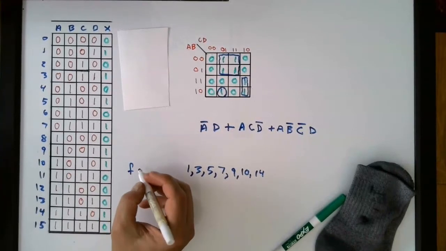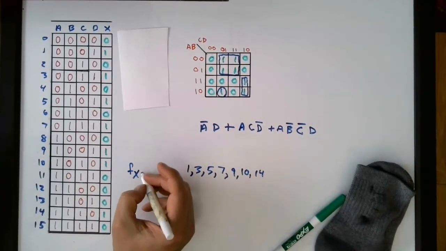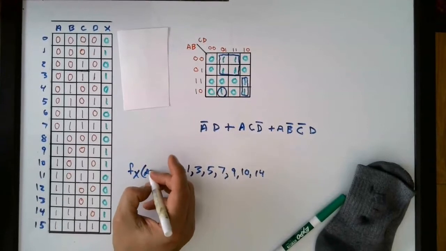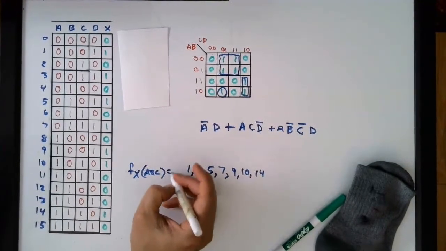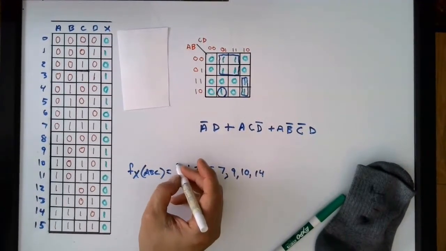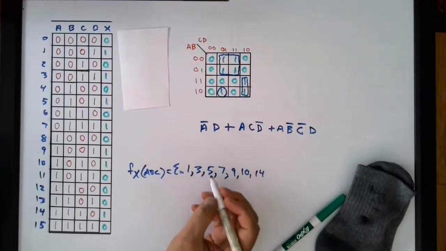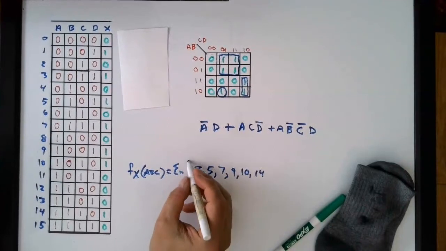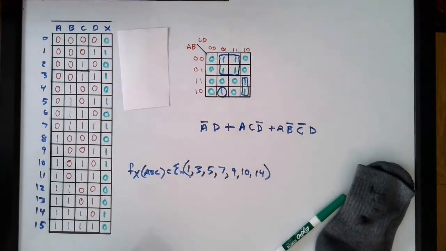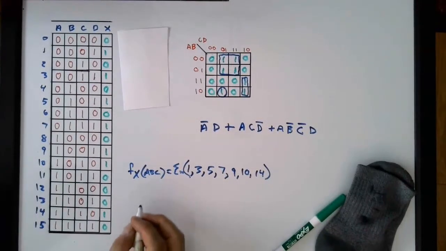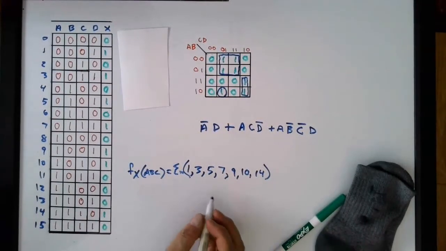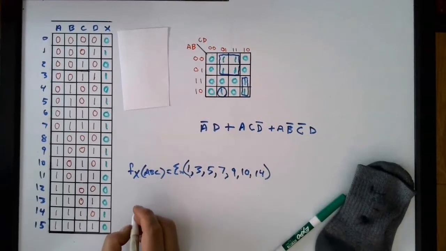The function x of A, B, and C equals, and this gets a little funky, the summation of the min terms, that's the summation sign with an M, with all this in parentheses. So if you want to impress somebody with something that looks very complicated, but actually explains what it is, let me write this out a little bit better.